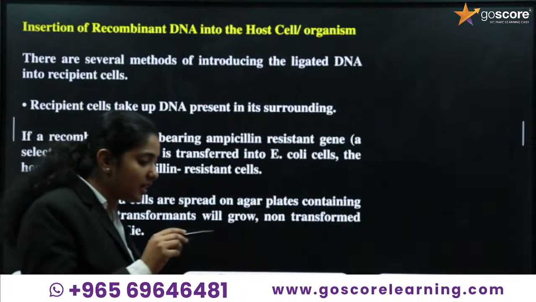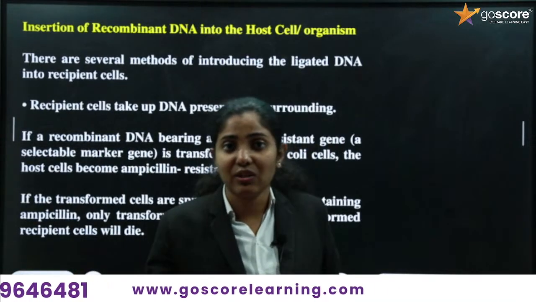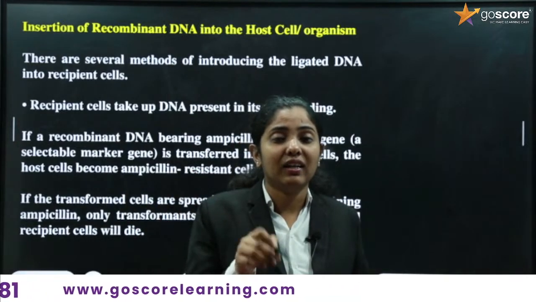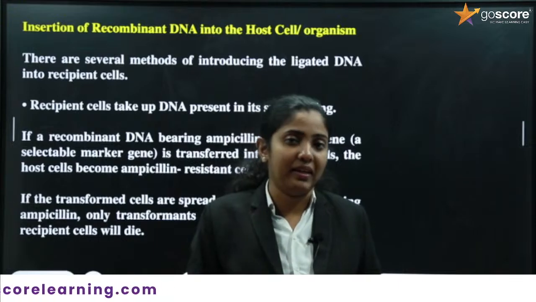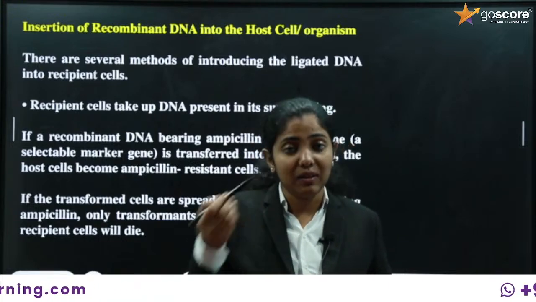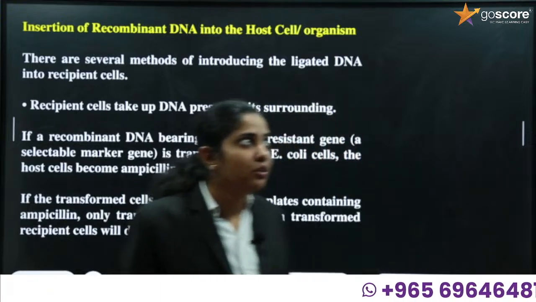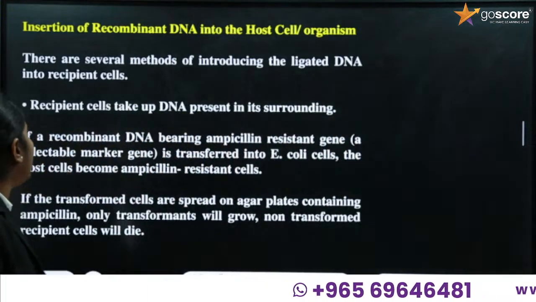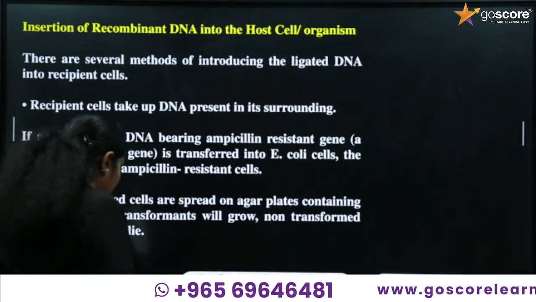So the bacteria can be used as a host cell, and we can take the vector DNA into the host cell. Next process is the insertion of recombinant DNA into the host cell.